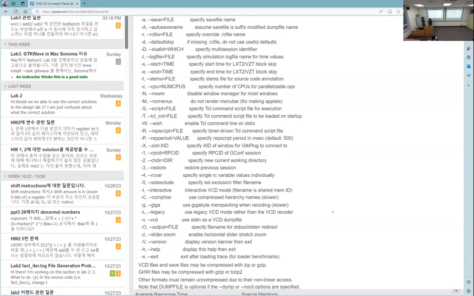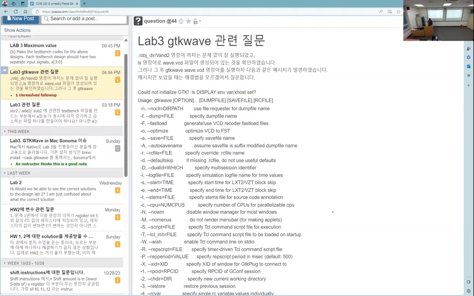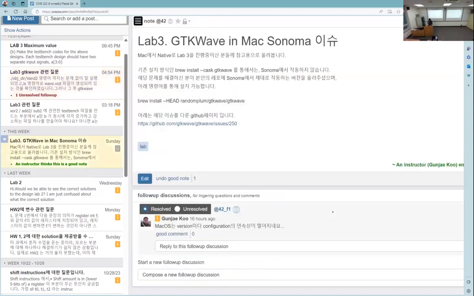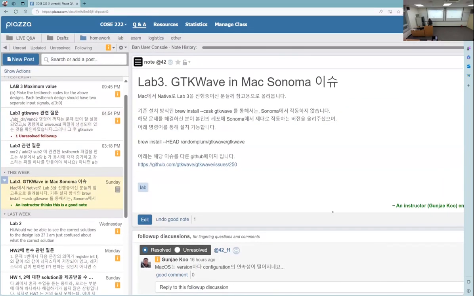But the problem is that one student posted some information about the new Sonoma version. I do not use the Mac operating system.